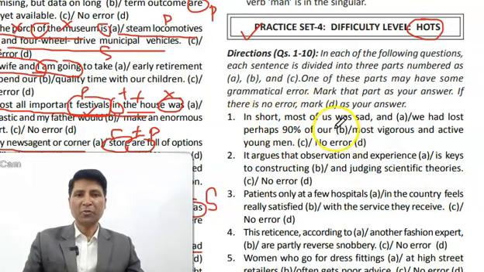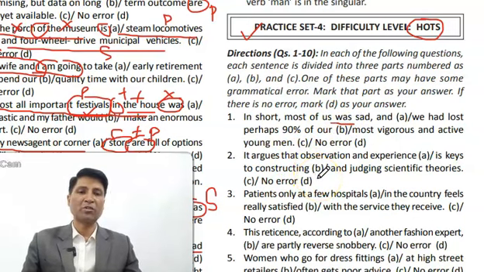You read it first of all on your own, find out the finite verb and then pause the video, check it and explain. Look here, there are 2 finite verbs in this sentence. In short, most of us were sad and we had lost perhaps 90% of our most vigorous and active young men.